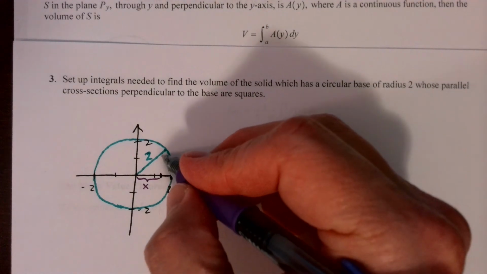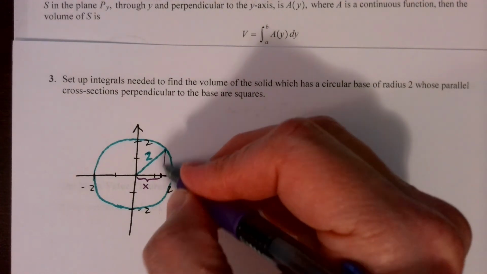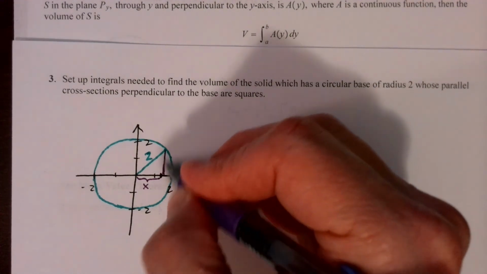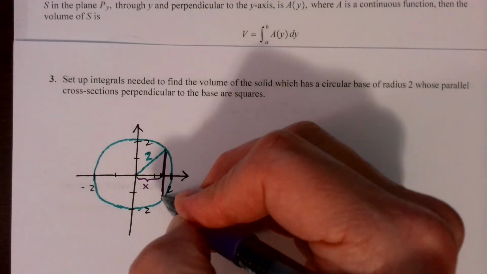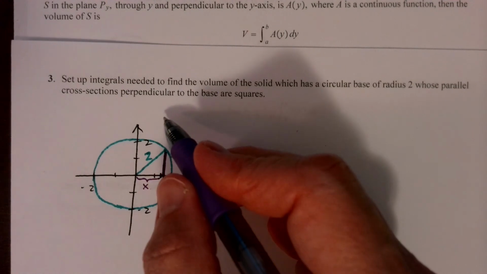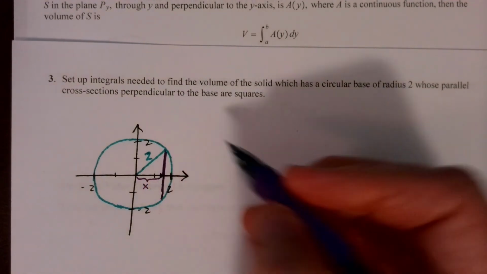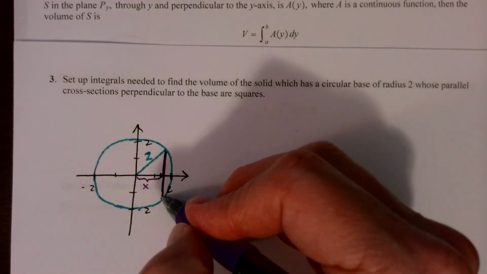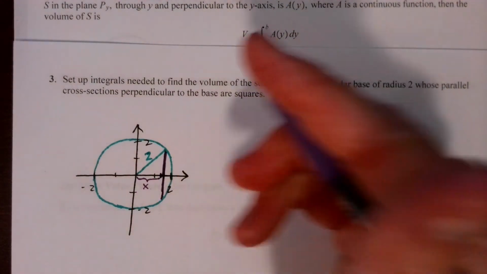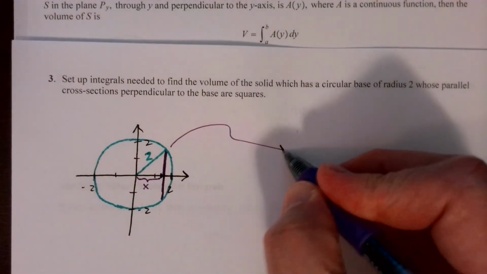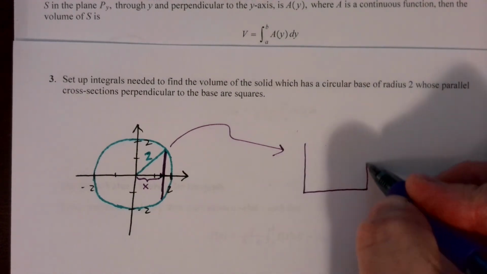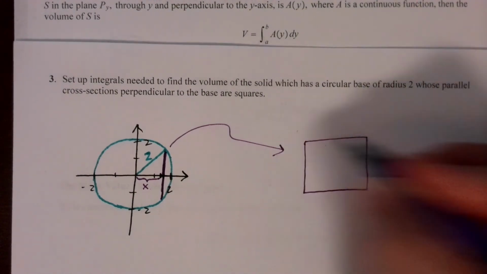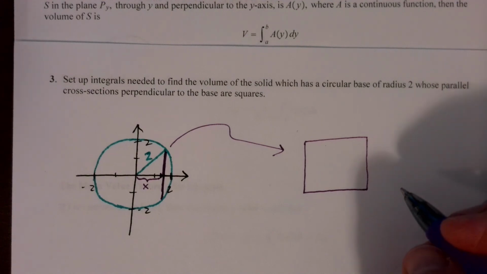And so when I slice, I'm going to slice this way, and there's a slice. The slices perpendicular to the base are squares. So if I pull this slice out, lift it out, and lay it flat, what should I see? I should see a square.